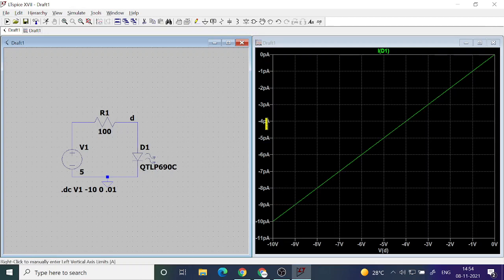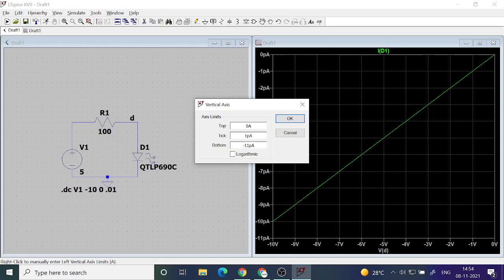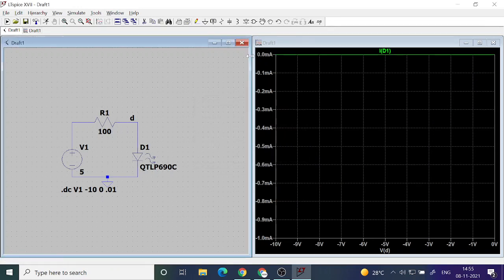And the scale that you plot, if you plot it in milliampere, you will see 0. If you put the scale here in milliampere instead of picoampere, from bottom say 1 milliampere, and these ticks are in 0.0 or 0.1 milliampere, you see that it is nowhere to be seen.